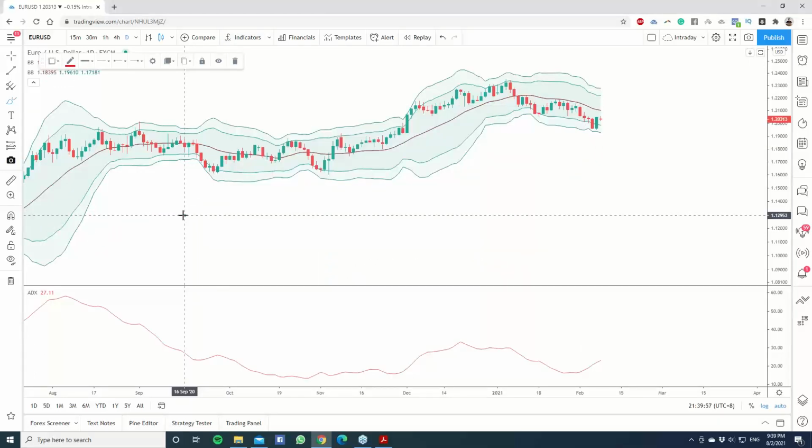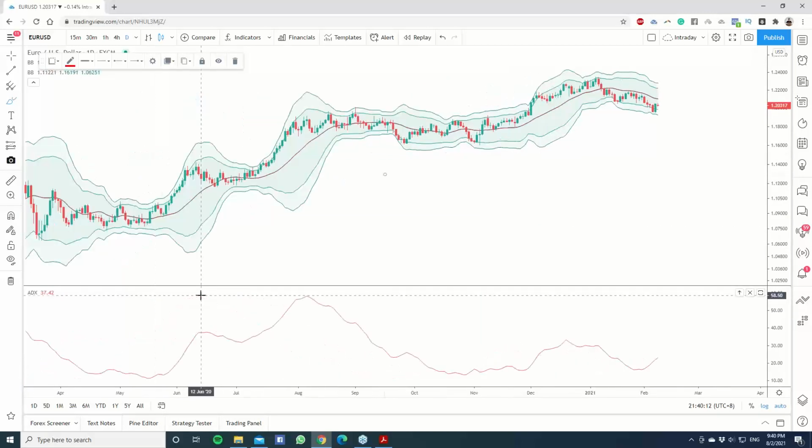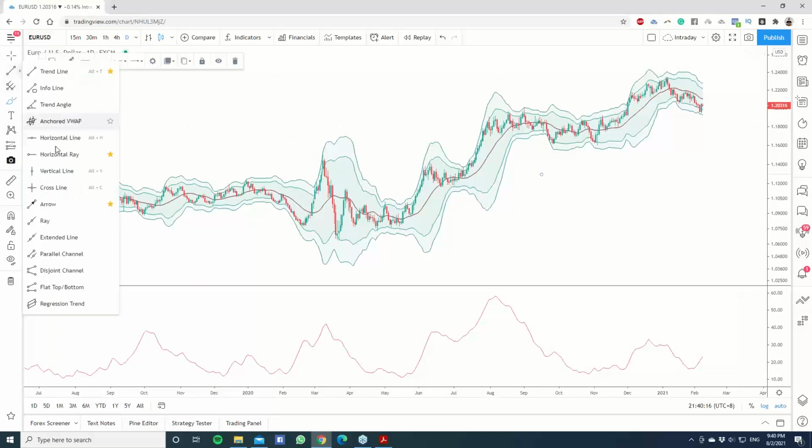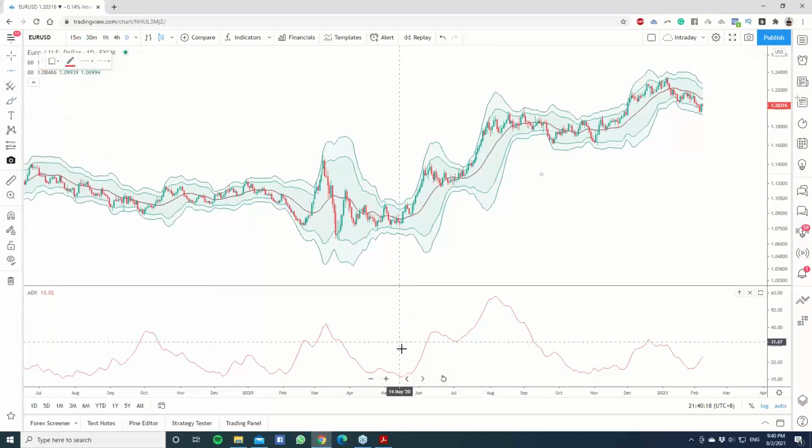ADX helps you to also confirm whether you are in a squeeze, in a range, or moving in a trend. So ADX is also a volatility indicator. Over here, the common number that traders use is 25, so let me put that in.